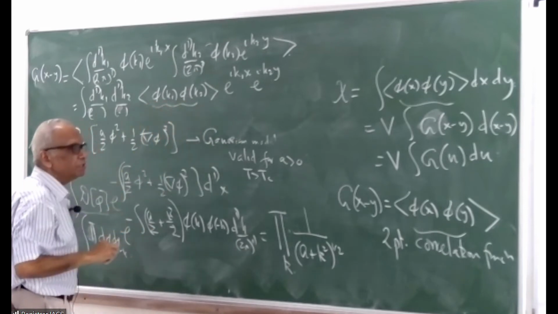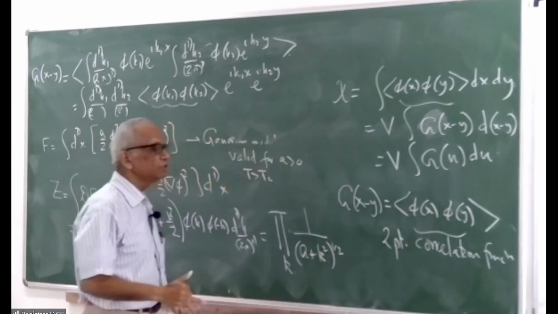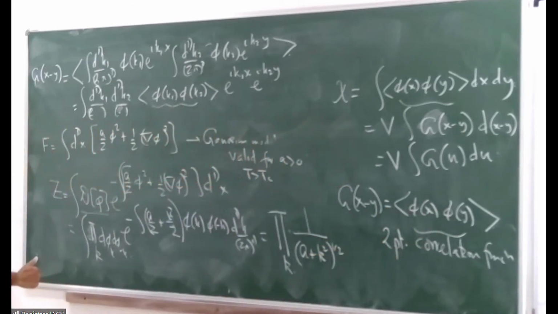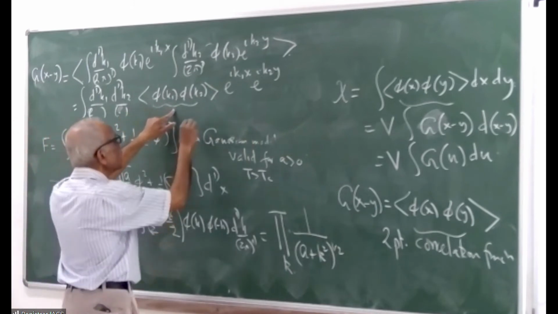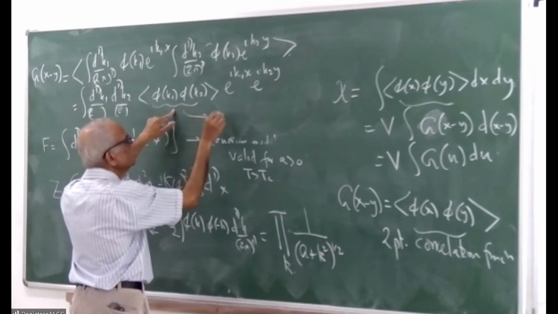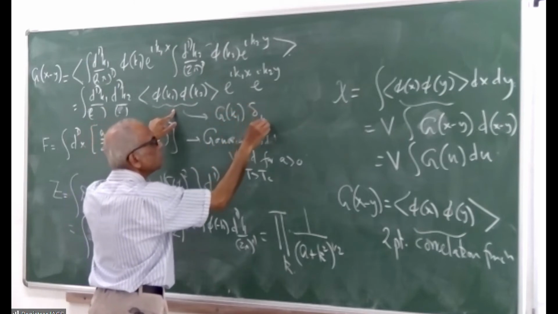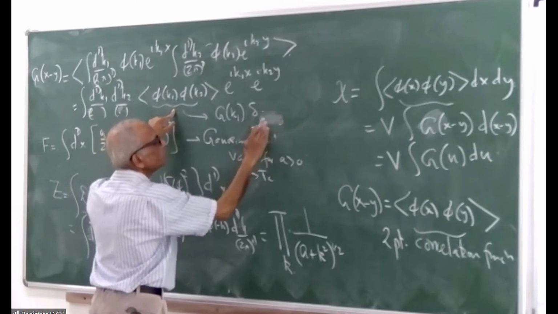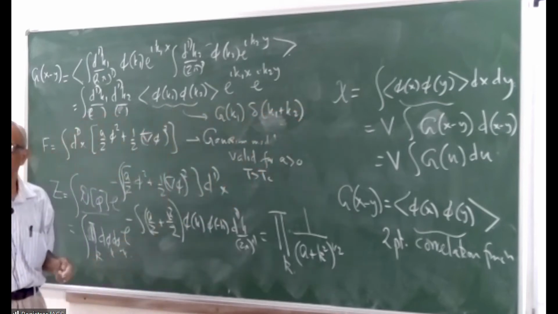The statement that phi x phi y is a function only of x minus y translates in the Fourier space as: this is some, let's call it, g of k1 and delta of k1 plus k2.